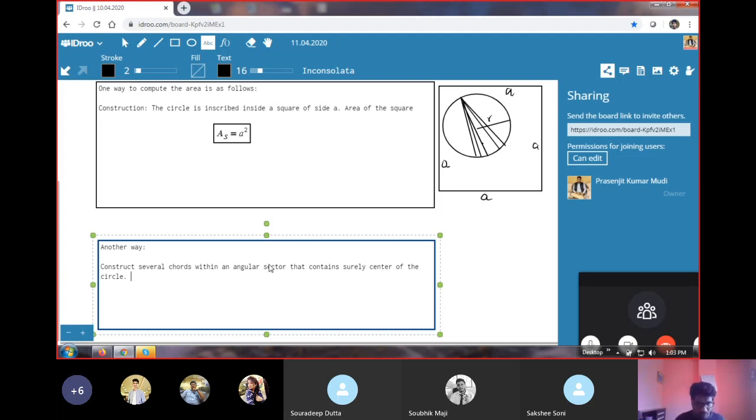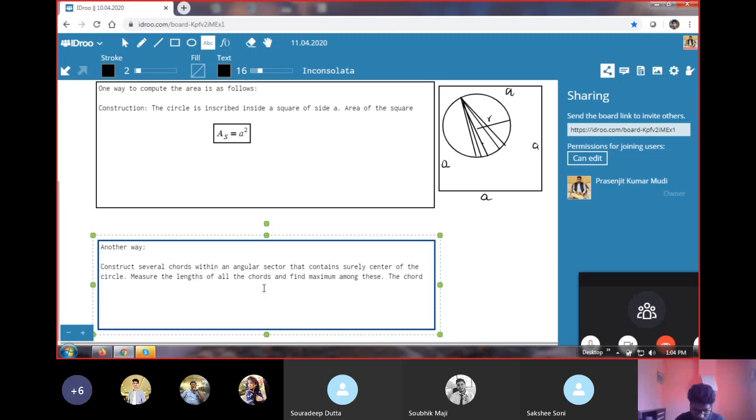Okay, so do this for a large number of chords, then measure. Measure the lengths of all the chords and find the maximum among these.